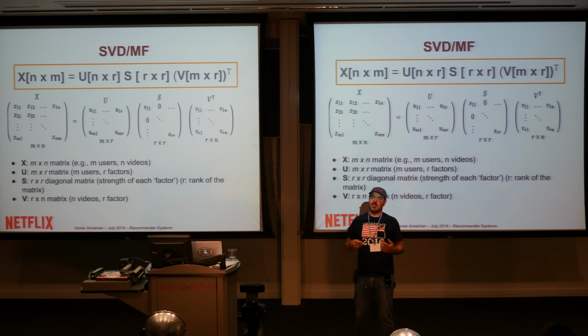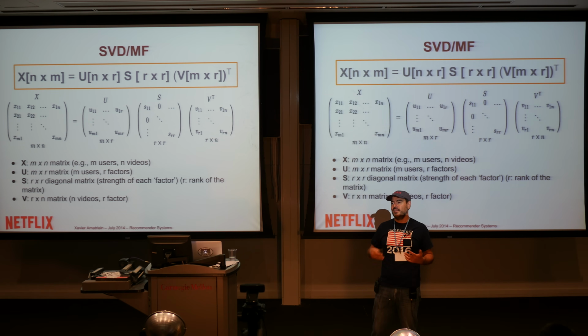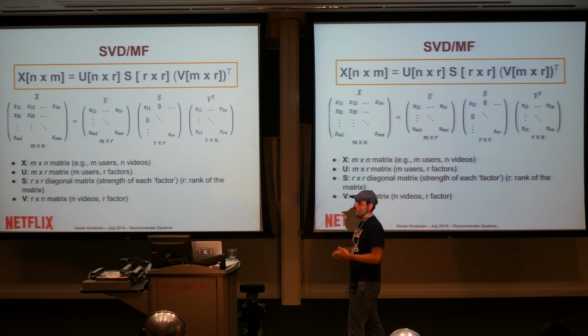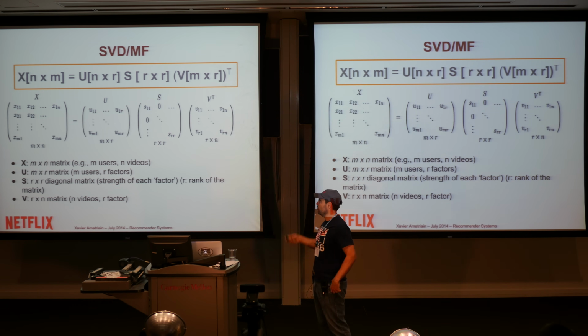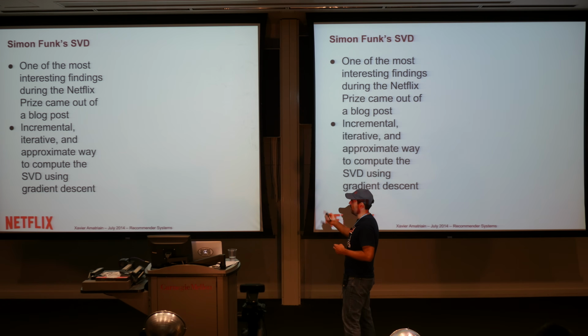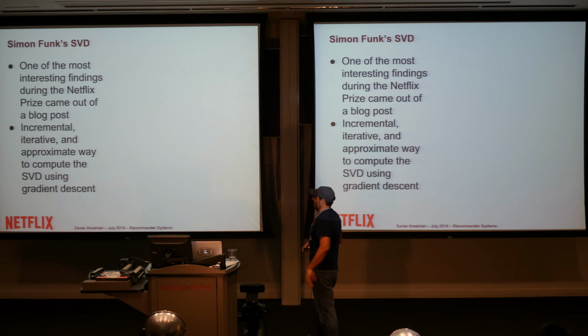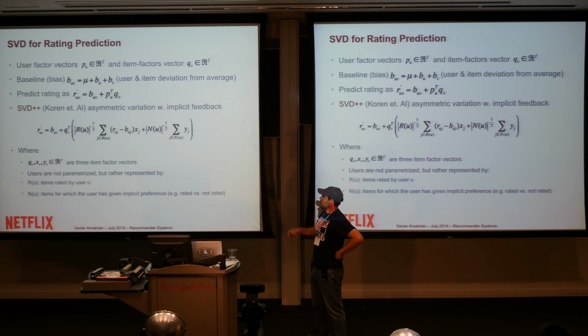You can compute it using any gradient descent technique or any iterative optimization technique, as a matter of fact, and you can use SGD and so on to compute this until you meet some kind of threshold where you cannot optimize anymore. And that was, again, described in this blog post that you don't see here.